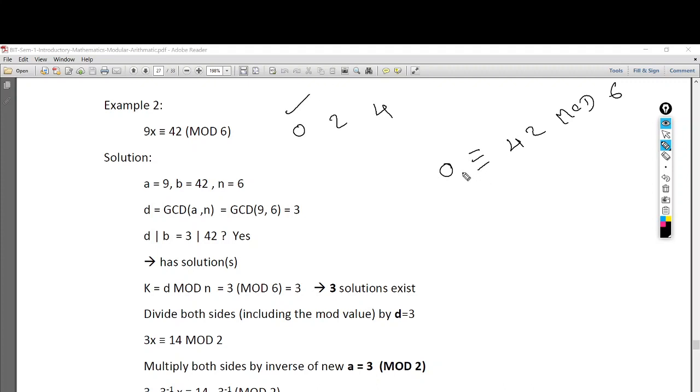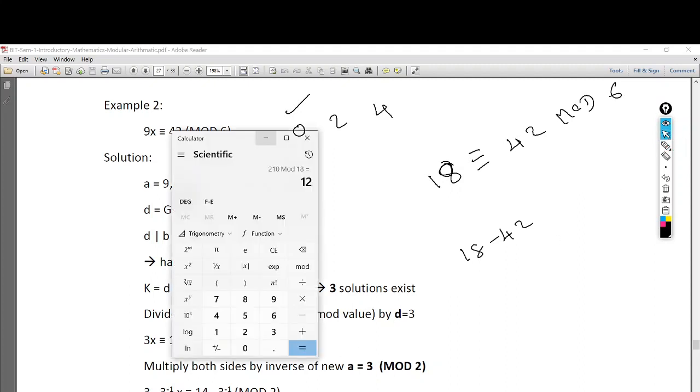Let's make it 2. If it is 2, 9 into 2 is 18. Is 18 congruent to 42 mod 6? How to check that? 18 minus 42, is it divisible by 6? If so, this is the answer. 18 minus 42. Now it's getting close to 12, so my mind is not working, so I am using the calculator more and more.